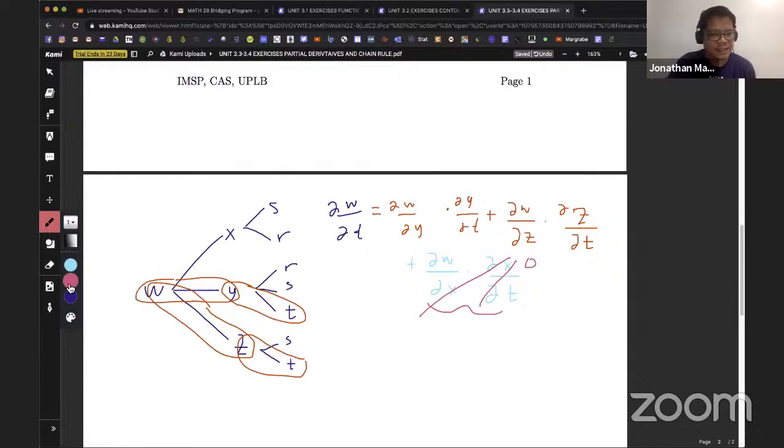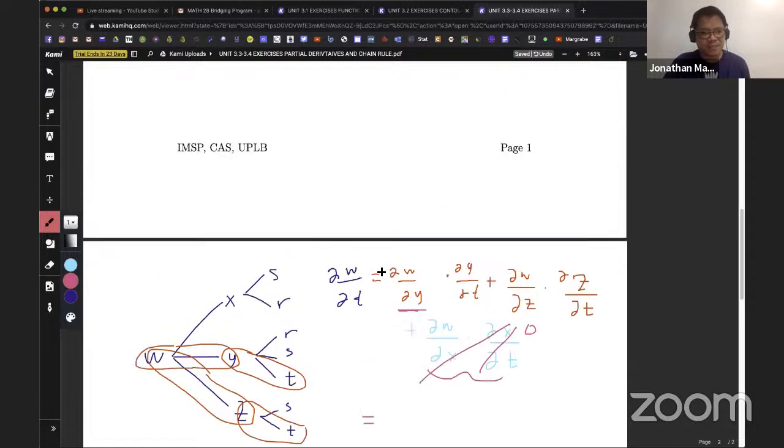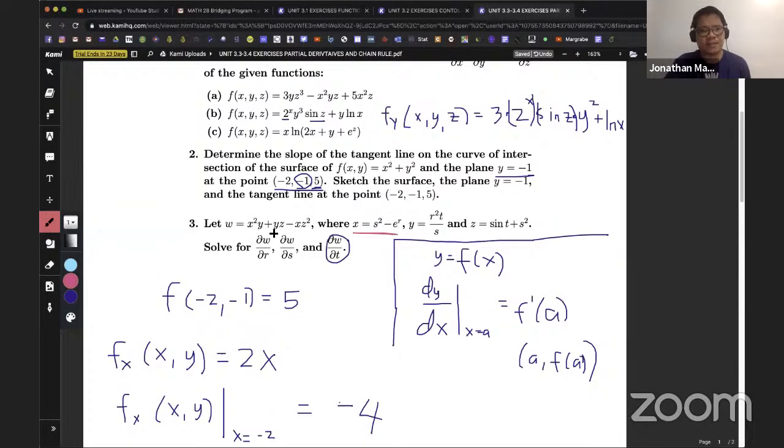Ngayon, isa-isahin natin yung mga partials. Okay. So first term, ano ang partial derivative ni W with respect to Y? Ito yun. Okay. What is the derivative of W with respect to Y? Okay, X squared plus Z. Dali lang, no?